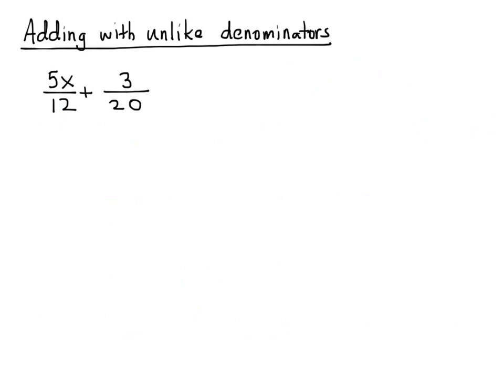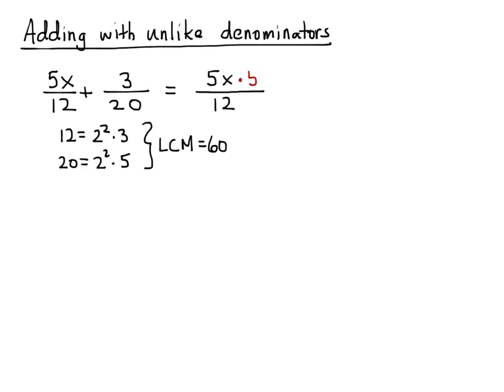So first, let's just use 12 and 20. Remember what the least common multiple was there. It was 60, right? Because we have 12 is 2 squared times 3, and 20 is 2 squared times 5. So we use what's in common, which is the 4 times 3 times 5, and we get 60.